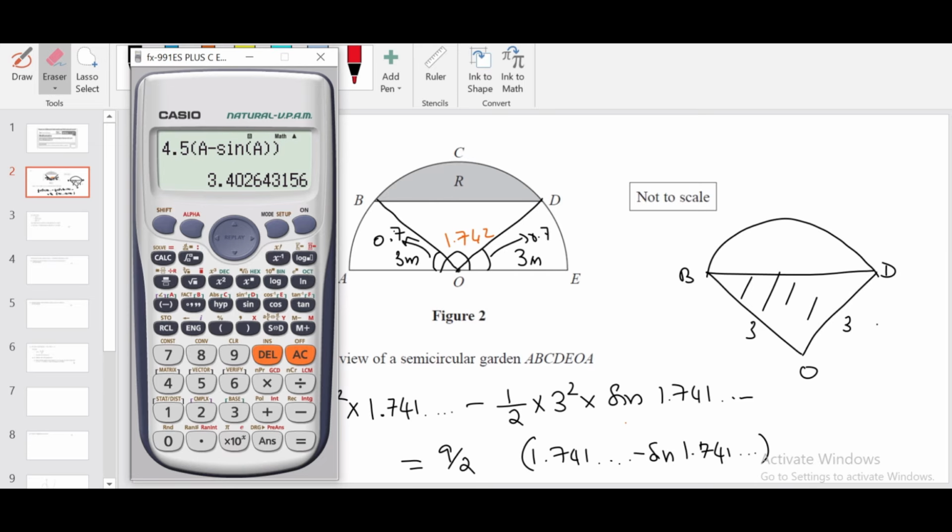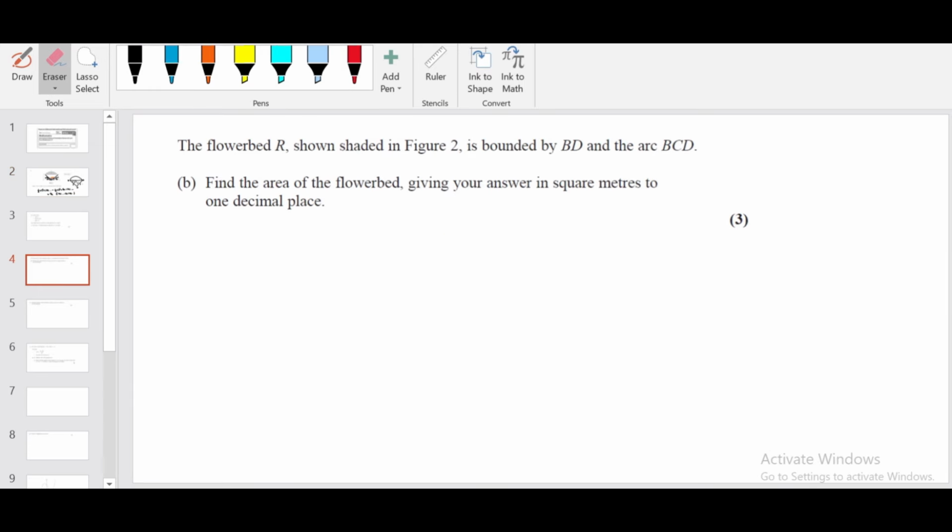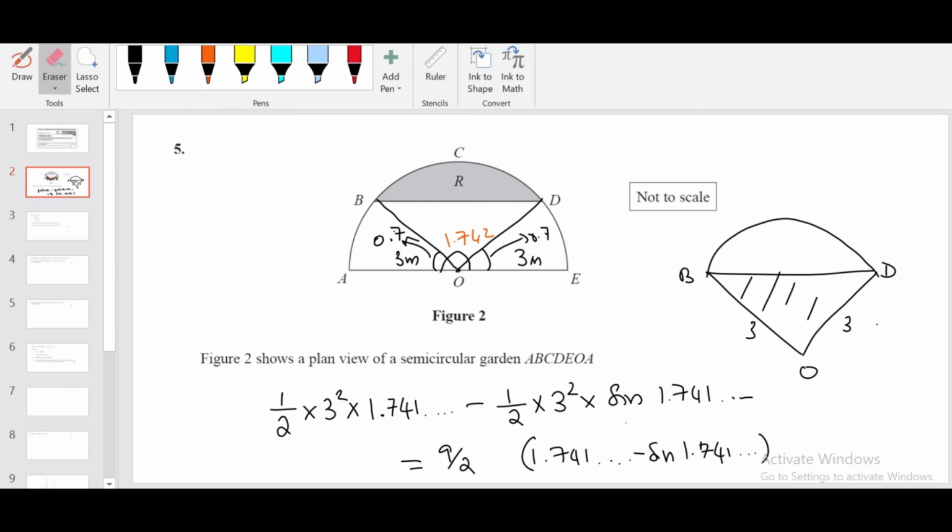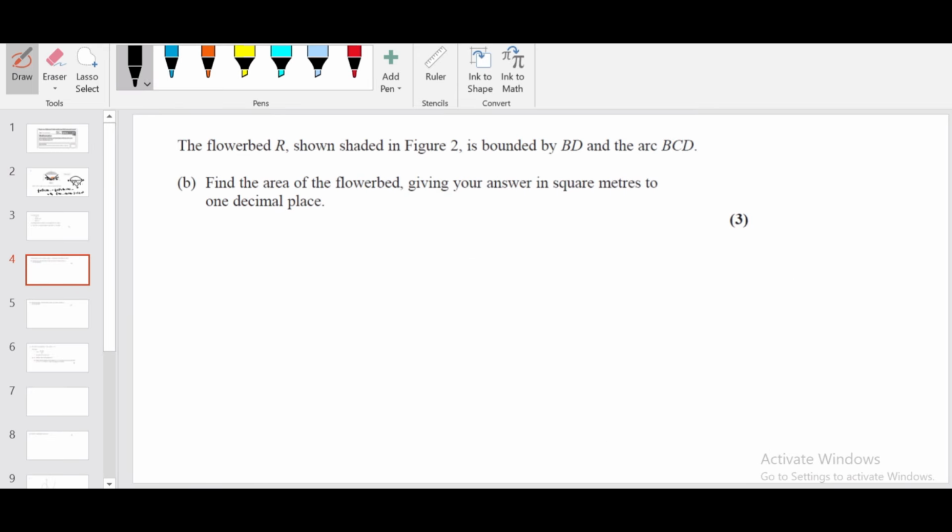The answer is 3.402. The level of accuracy is 1 decimal place. So the answer is 3.4 meter square. That's the answer for part B. It's a 3 mark question.